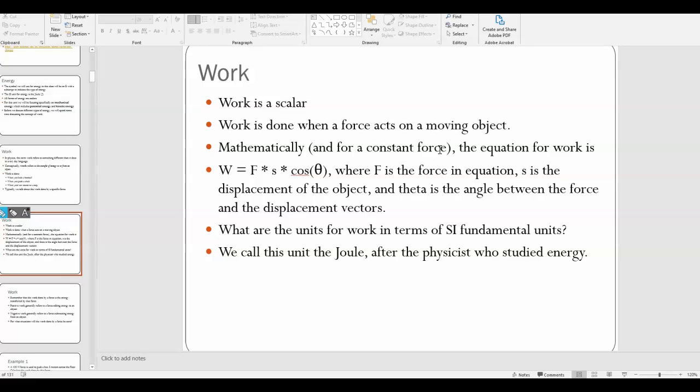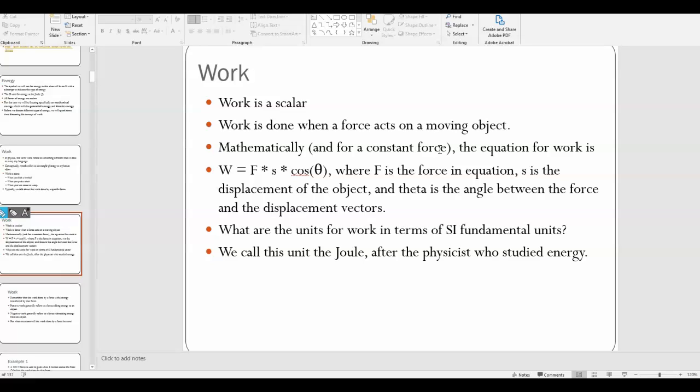For example, when we talked about the constant acceleration equations, I was very clear that those equations only apply if you have constant acceleration. Just like the constant velocity equation, s equals v times t, only works if you have constant velocity. This equation I'm about to tell you for work only works for a constant force.